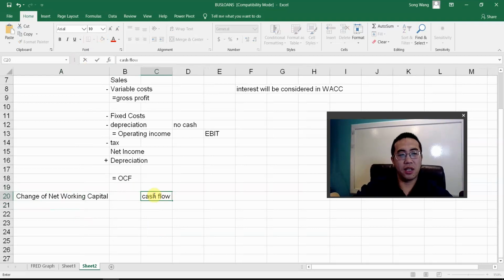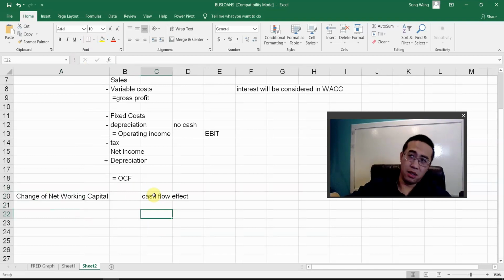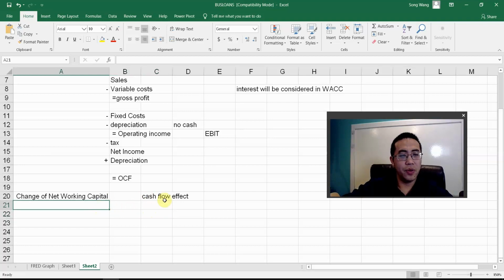If your net working capital increases, I'm talking about inventory and accounts receivable minus accounts payable, so it's current assets minus current liabilities, then your cash would be reduced. They have a negative relationship with cash flow.